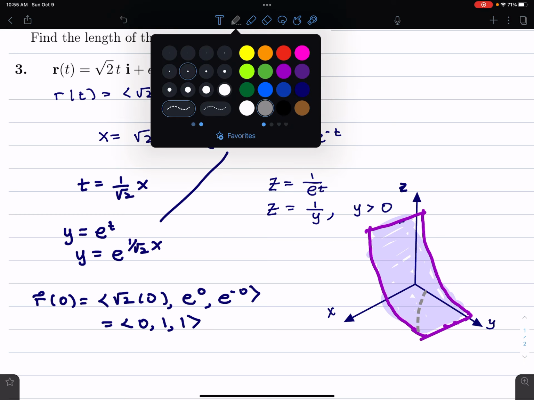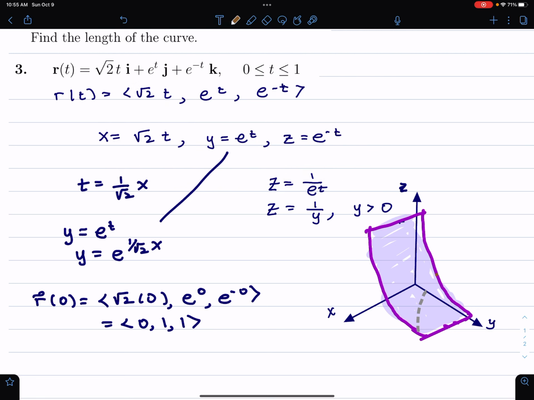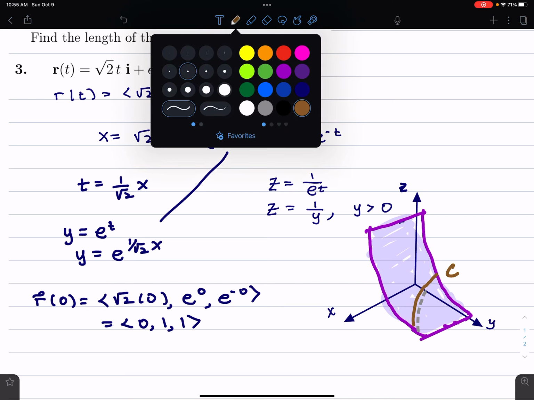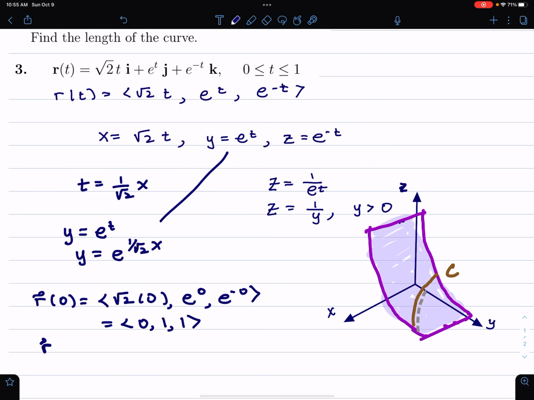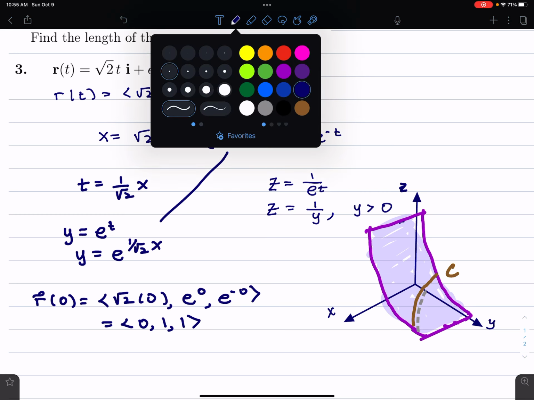The r curve is the same, a curve sitting above this on the surface z equals 1 over y, where y is positive. This is only one piece of it, as the surface is infinitely large and the curve goes on infinitely.